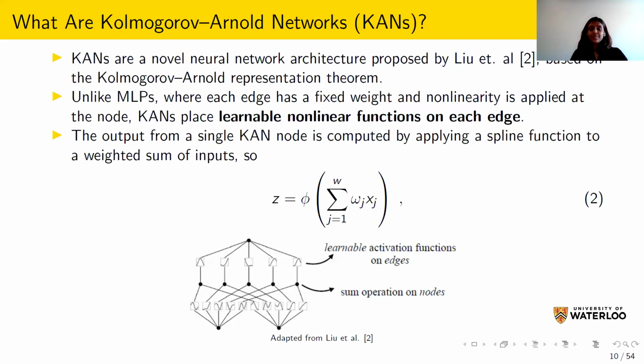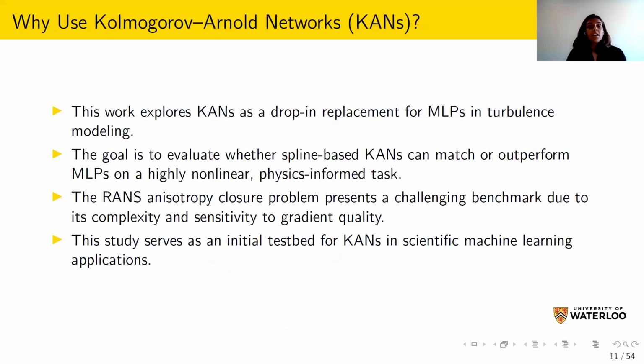Unlike MLPs, where we have fixed weights and the nonlinearity is applied at the node, KANs place learnable nonlinear functions on each edge. This figure is adapted from Liu's paper, a visual understanding of how the learnable activation functions are on the edges for KAN, and then the sum operation on nodes.